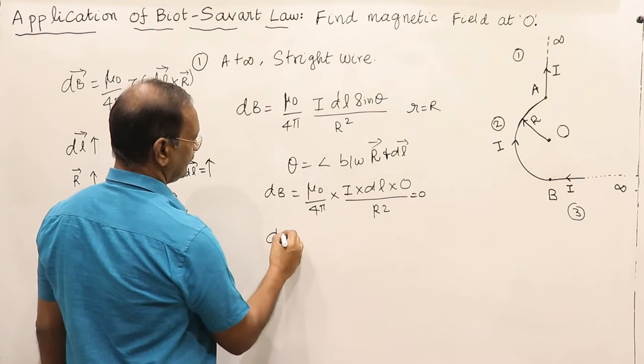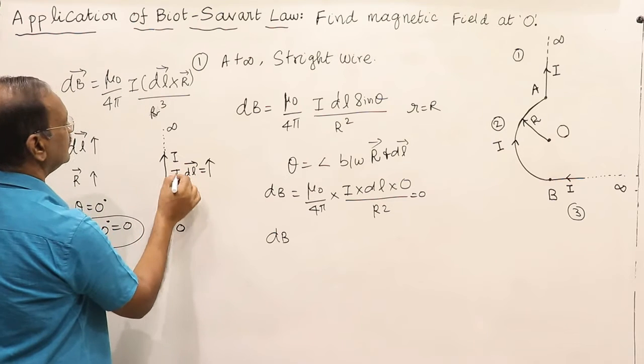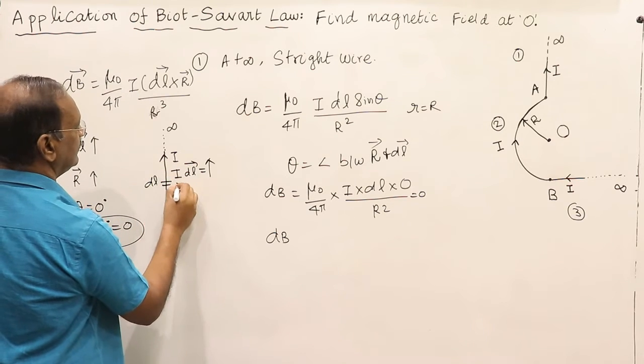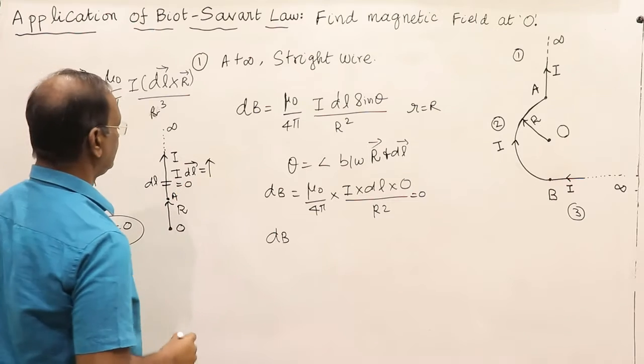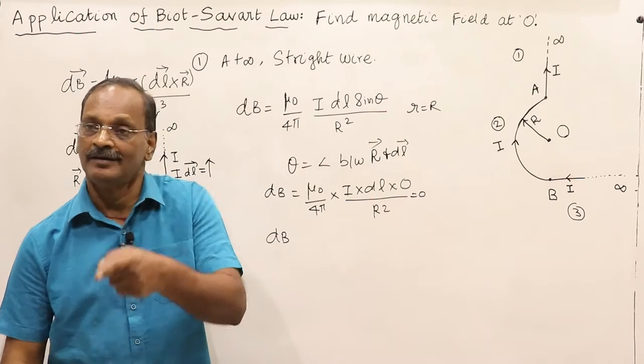Since the small magnetic field produced by this current element dl is 0, every portion will produce 0 magnetic field on the line.